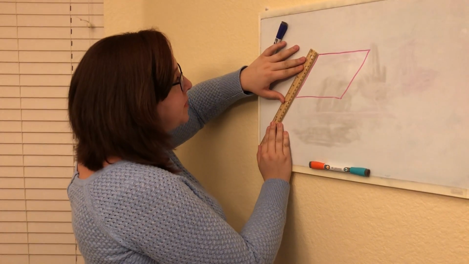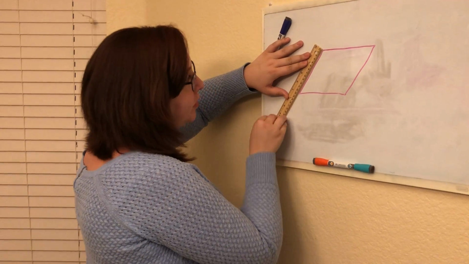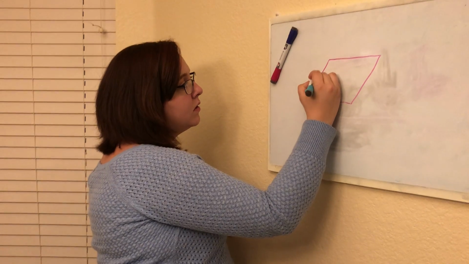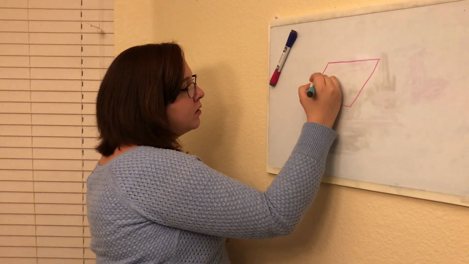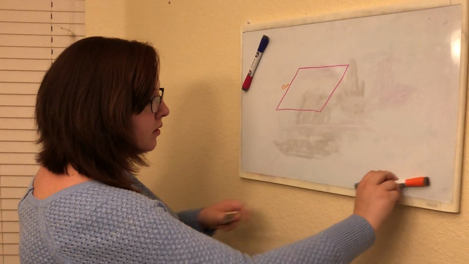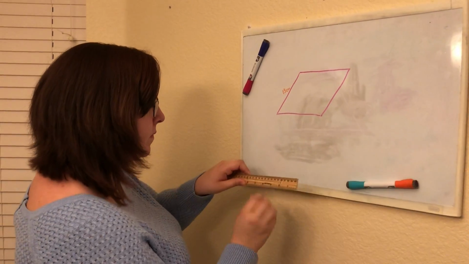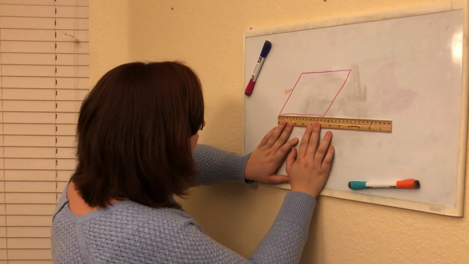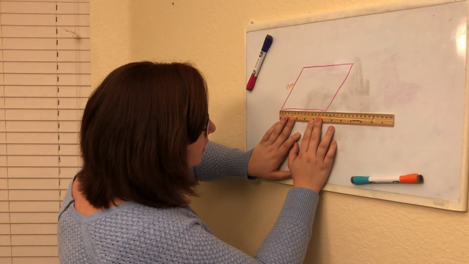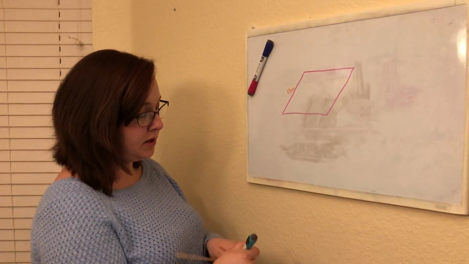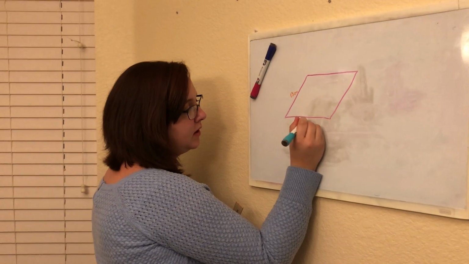So this rhombus is going to be 13 centimeters on this side. And on this side, it's going to be 13 and a half, so we're gonna say it's 14, I mean.